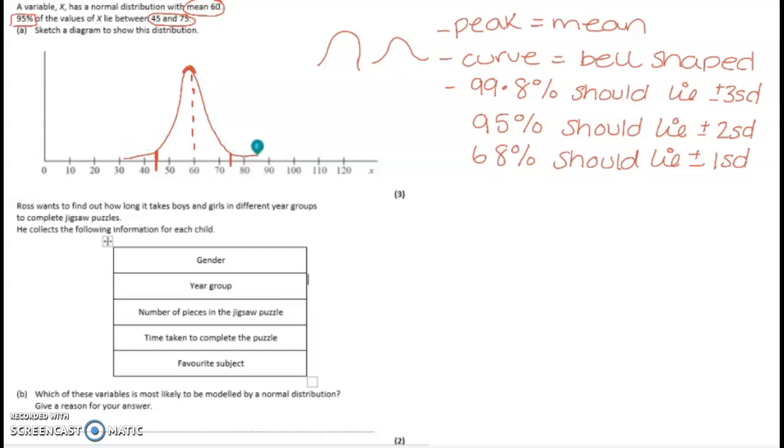It's only a sketch, so it doesn't have to be perfect, but it needs to tick the 3 boxes. The peak is at the mean, which is 60. The curve is a bell shape. And 45 and 75 are roughly where it starts to hit the bottom.